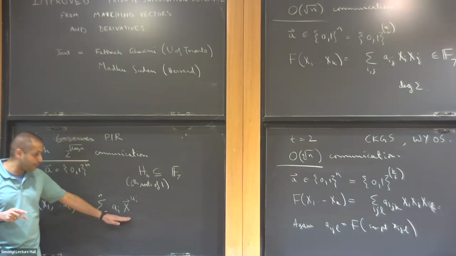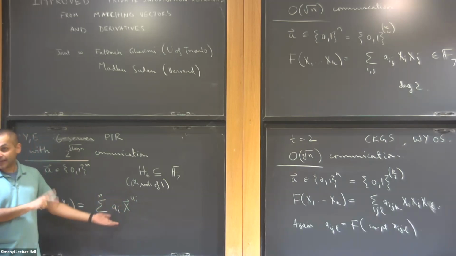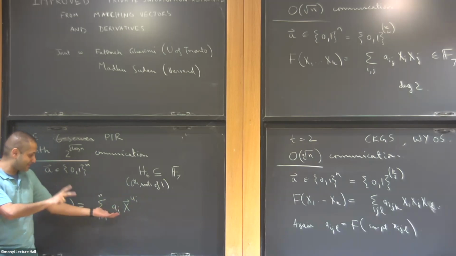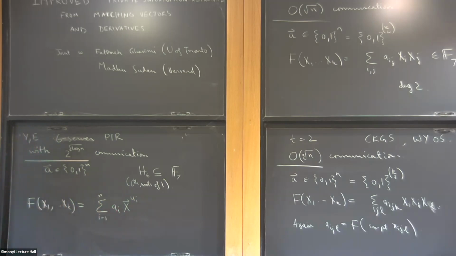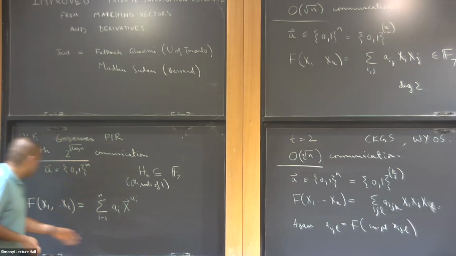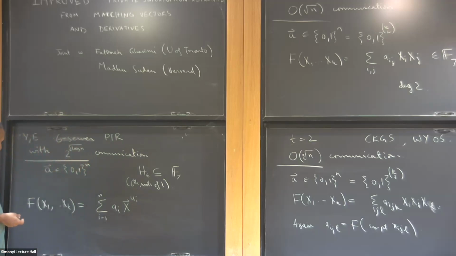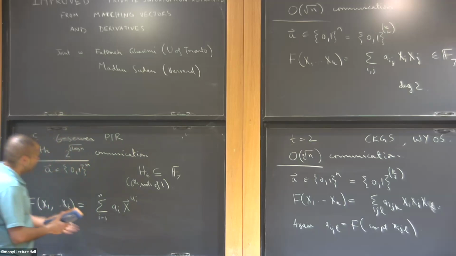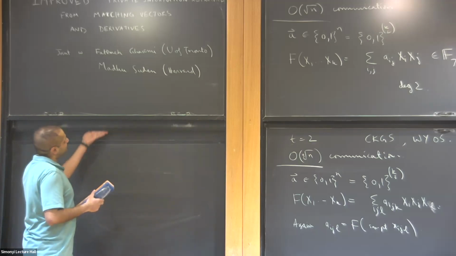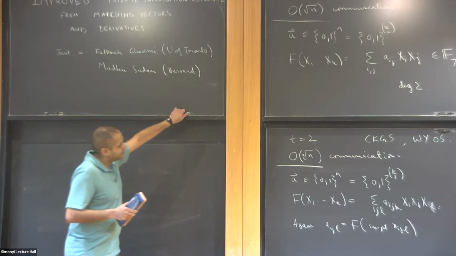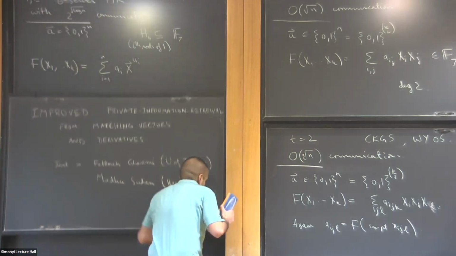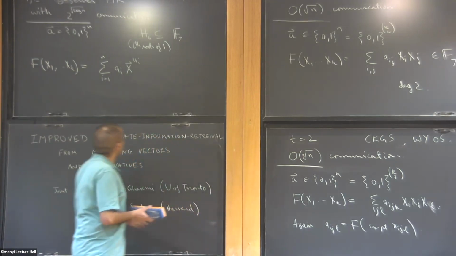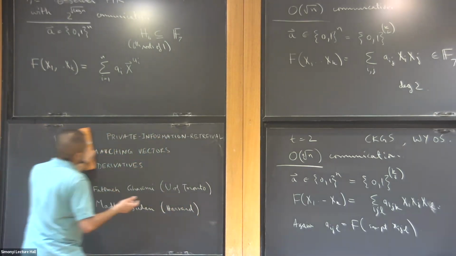So if I'm only going to evaluate at 6th roots of unity, then I'm okay. Then this kind of definition at least makes syntactic sense. So this is my definition of f, where the u_i's come from the matching vector family.